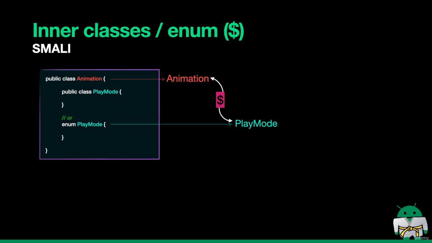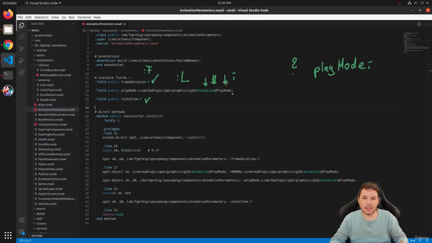In total, it looks like this: animation$play mode. So this is the magic behind this $ sign. This is just the reference to an inner class or an enum type, for example. In this case, it doesn't have to be a class. It can also be, for example, an enum type. So we have to go into the Java source code to figure this out right now. Later on, we will learn how to deal with this.